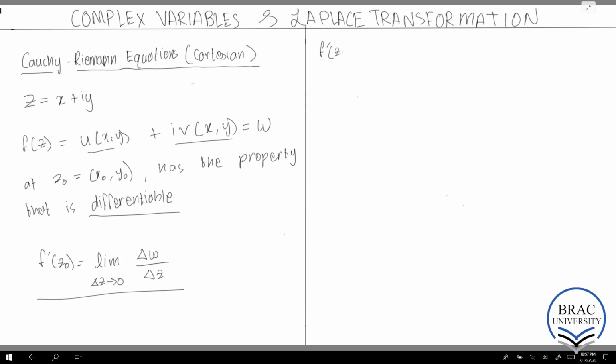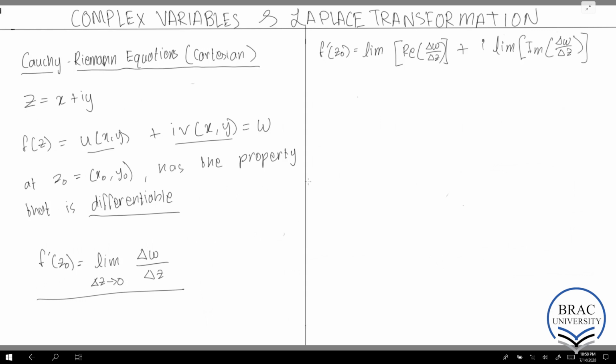We can write f prime of z naught to be equal to the limit of the real part of delta w over delta z plus i times the limit of the imaginary part of delta w divided by delta z.